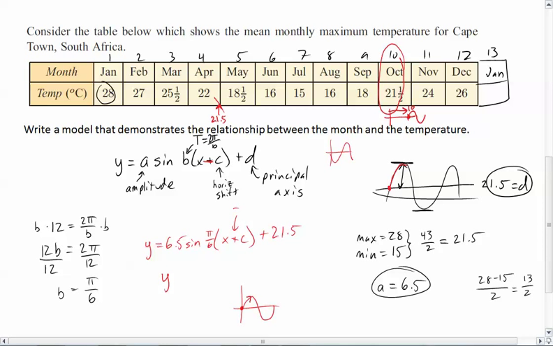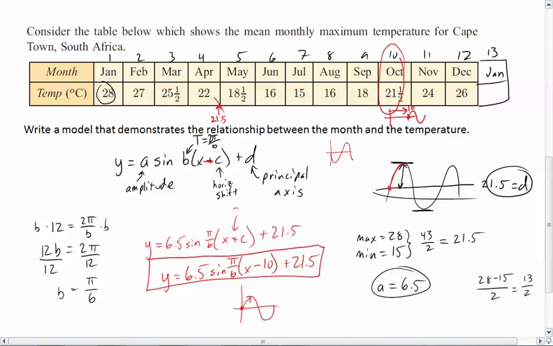And the way to do that is y equals 6.5 sine pi over 6 times x minus 10, because by subtracting 10, that's going to move it to the right, plus 21.5. And so I now have an equation that allows me to model the temperature at any time of year, any month.